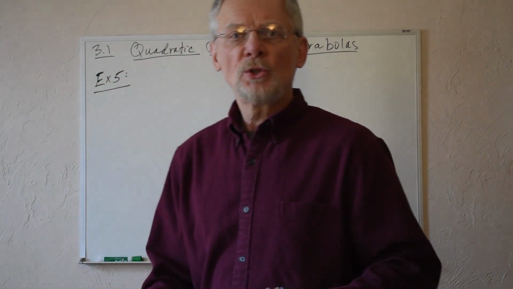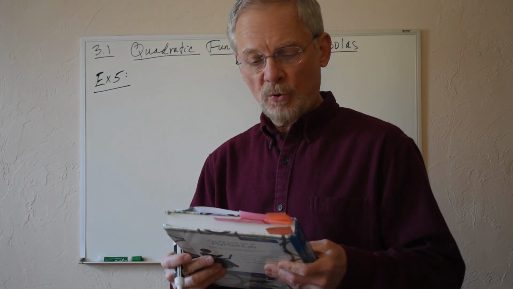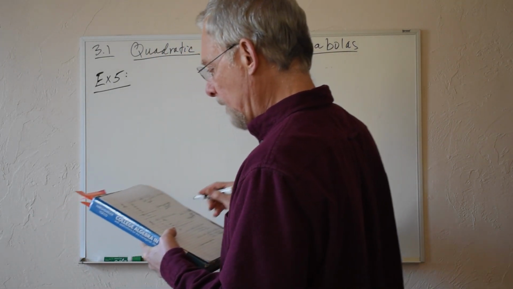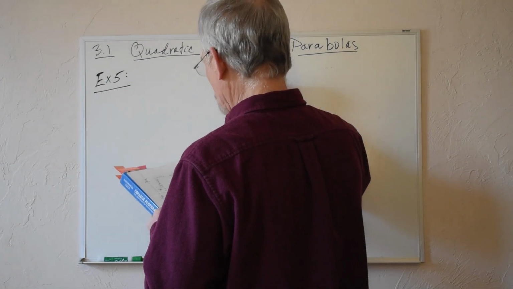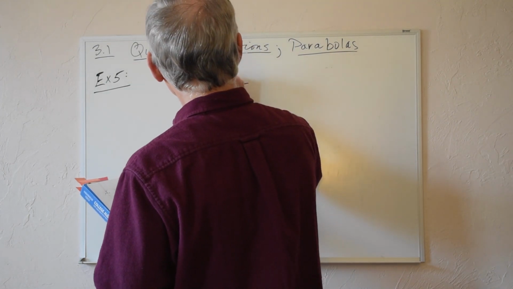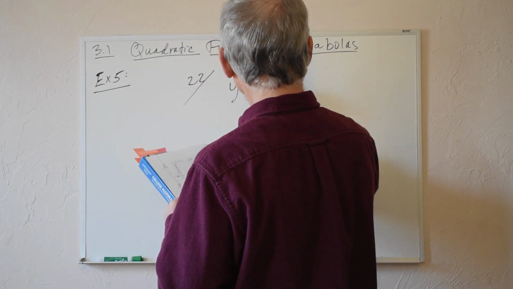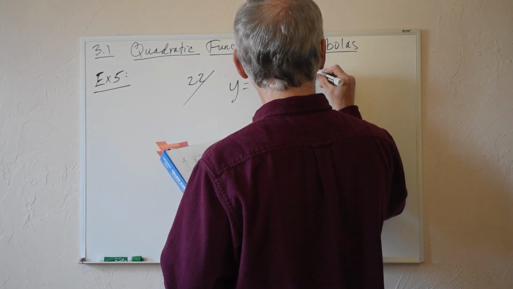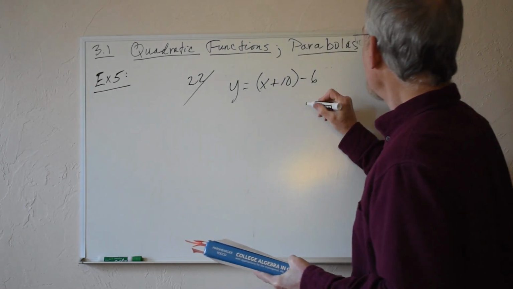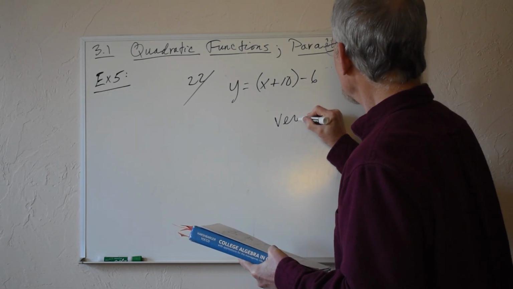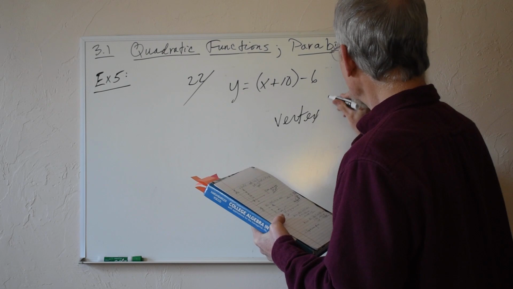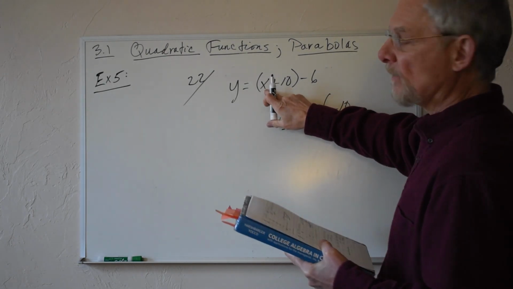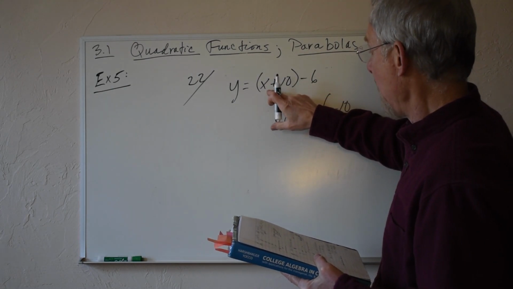Okay, so you should have just completed problem number 22. Let me put the solution up here quickly. This is 22. I see that the vertex is negative 10, because remember, you have to be subtracting the number from x.